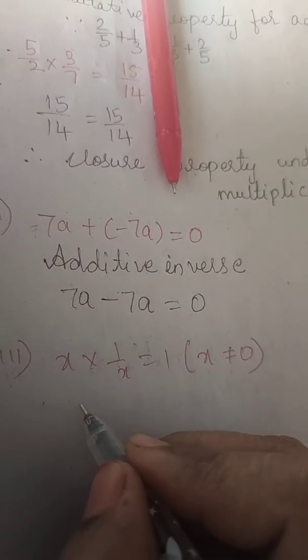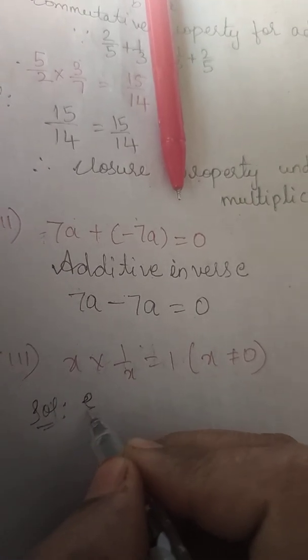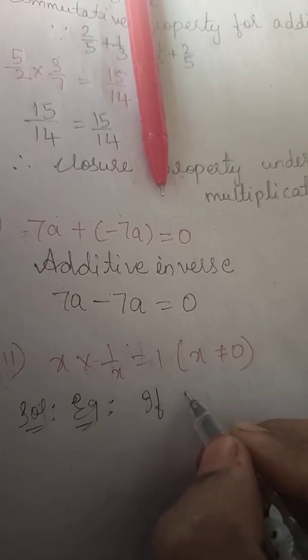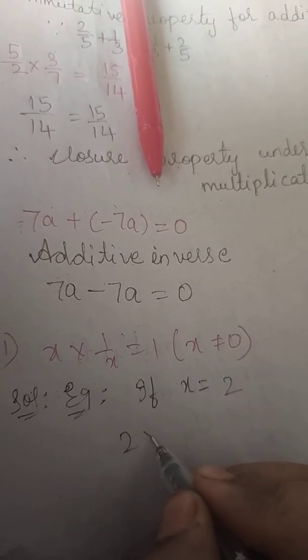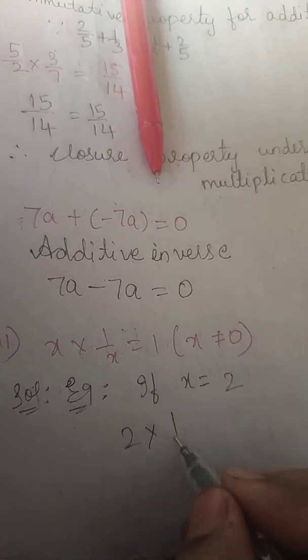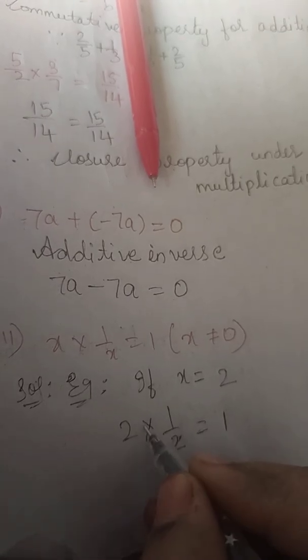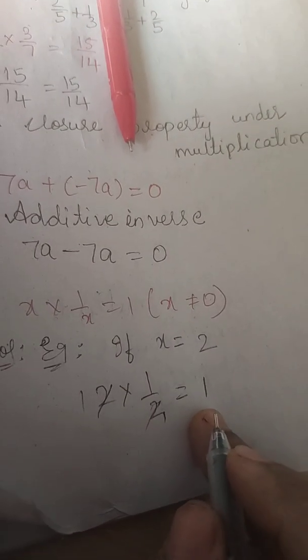Okay, for example, if x is equal to some number 2, then 2 into its reciprocal 1 by 2, which is equal to 1. Since we cancel 2 ones are 2 ones, we get the result 1.